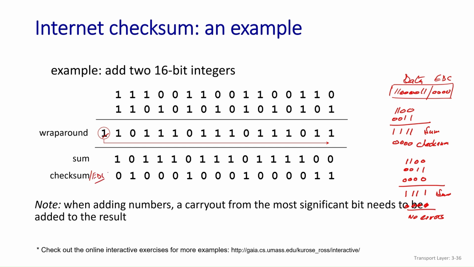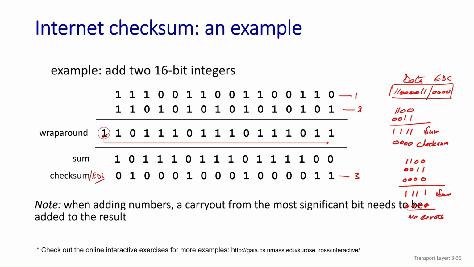On the other side, the receiver will take these three values and the EDC bits, add them together, and calculate whether there is an error or not.